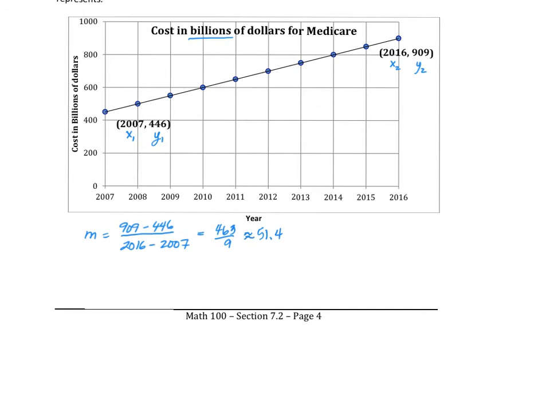So what does this 51.4 represent? What it means is that every year, and notice the slope is upward, so it's a positive 51.4, that means every year the cost for Medicare increases by about $51 billion.